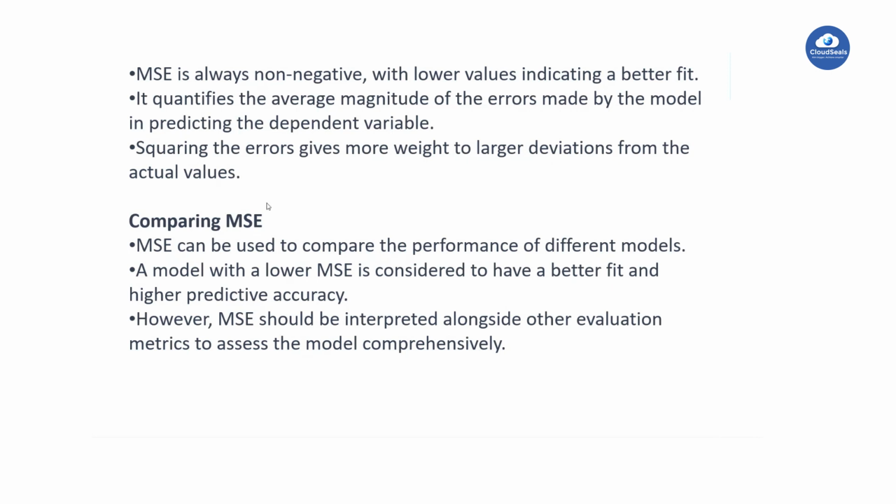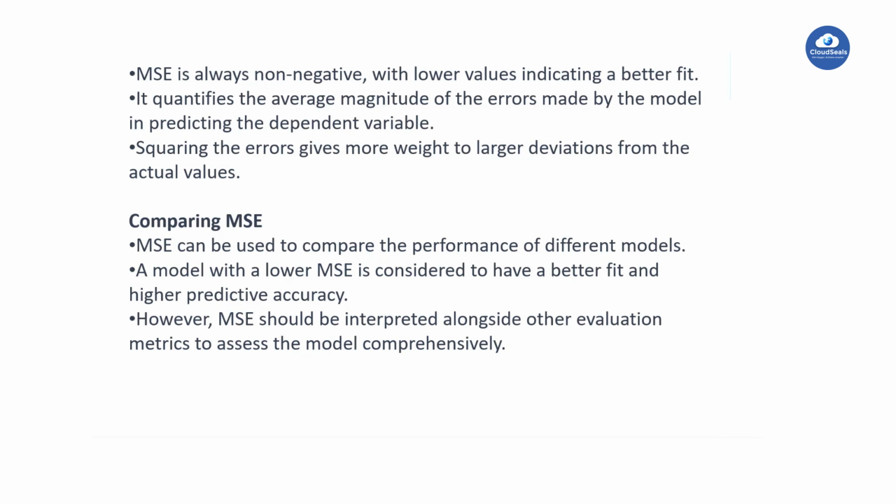What is this MSE value, and is it useful only to identify error or for other purposes too? MSE can be used to compare the performance of different models. For example, we build models using linear regression, logistic regression, and support vector machine regression. How do we know which regression model is better than the others?